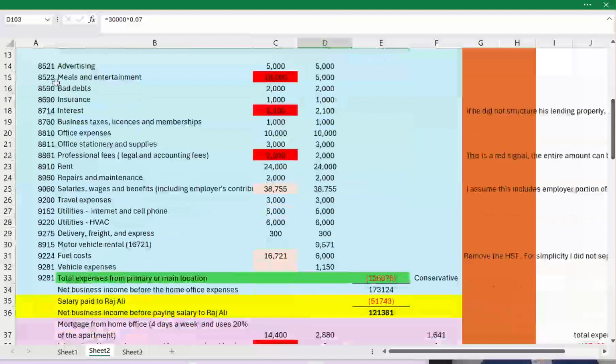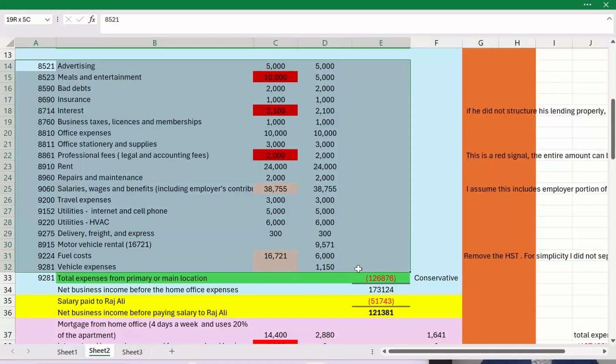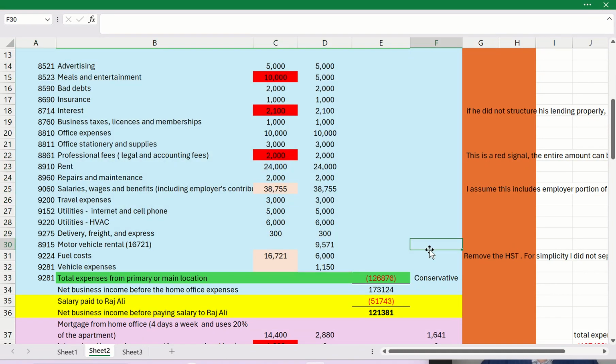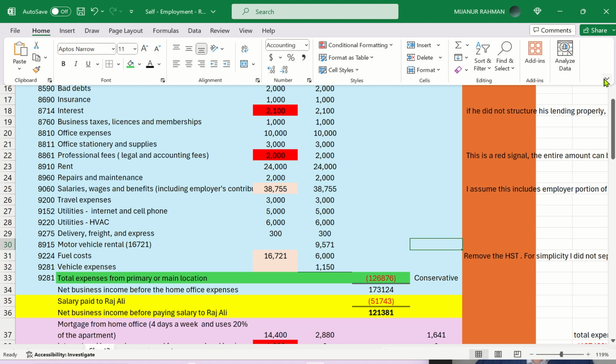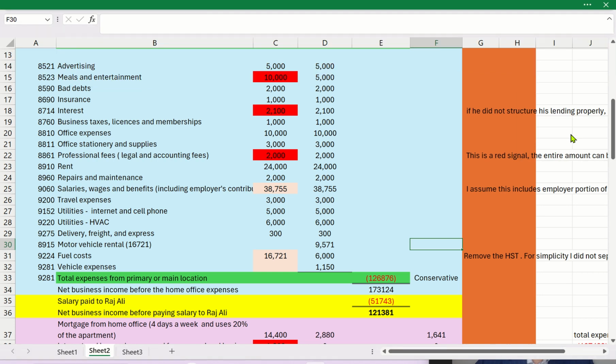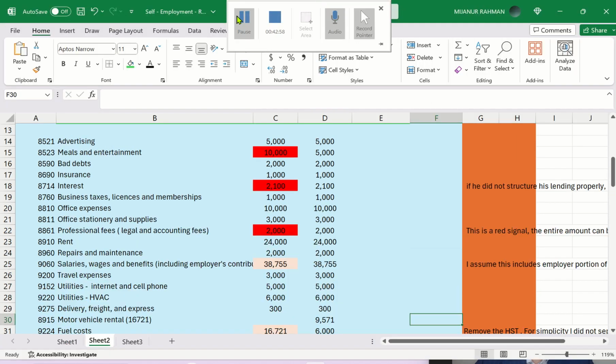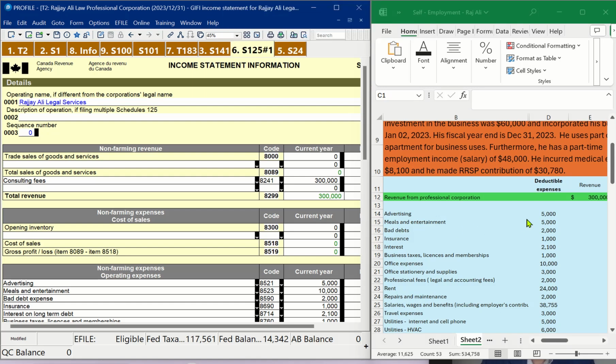Those expenses right there, I could show this to you line by line. Just bear with me for a second. Now you can see this 300,000 came from here. I chose a consulting fee, legal consulting fee.